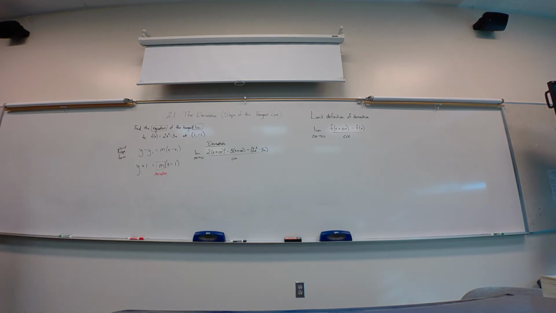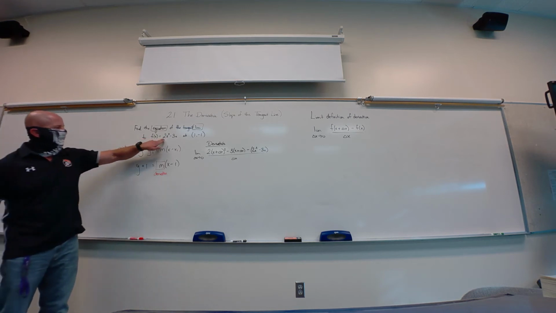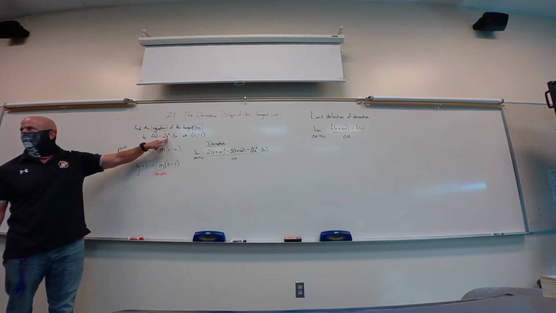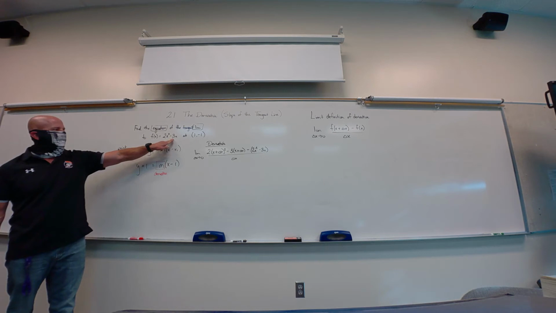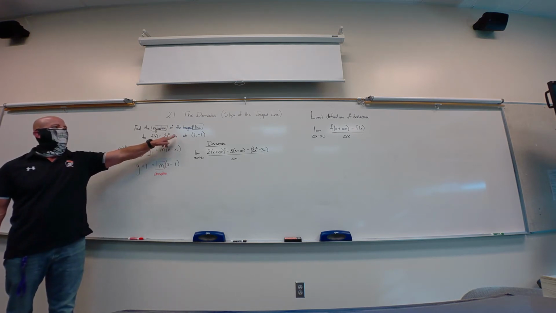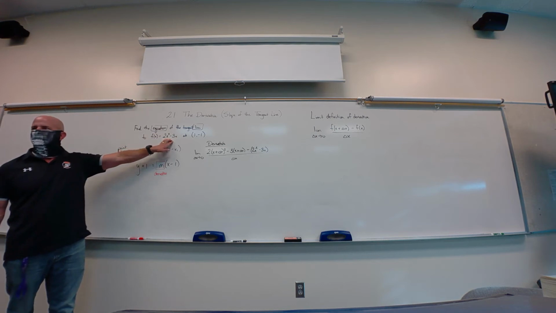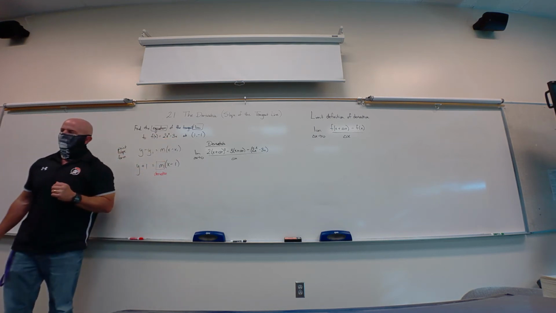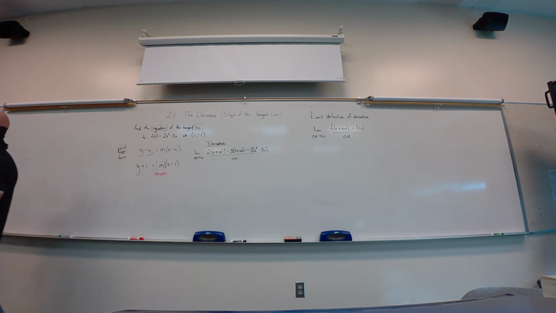So I had x plus delta x going in for x. So I've got 2 times x plus delta x squared minus 3 times x plus delta x, minus my function, over the delta x. Setup looking okay.